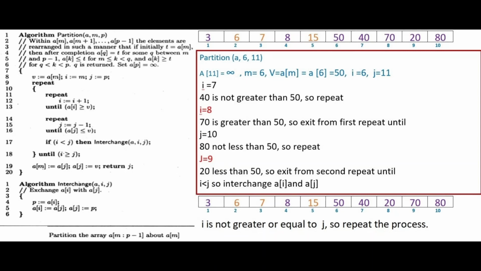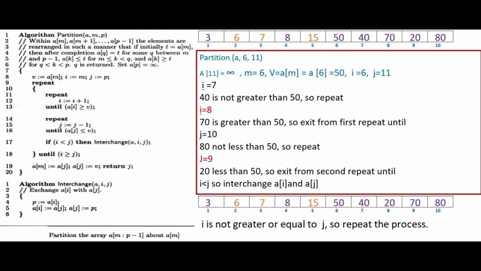Then the second repeat until, j is equal to j minus 1, j is equal to 10. 80 is not less than key value 50, so repeat the process. j is equal to 9, 20 is less than the key value, so exit from that repeat until.